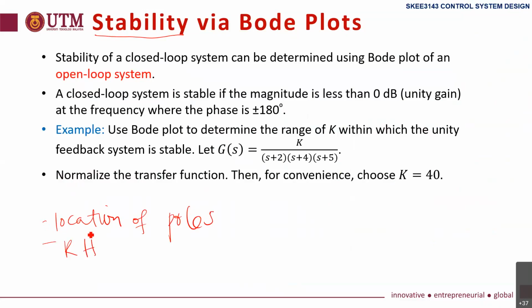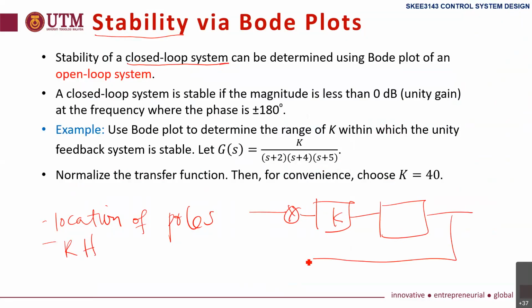In Bode plot, stability for a closed loop system, we refer to this. This is a closed loop system. In particular, this is a unity feedback closed loop system.